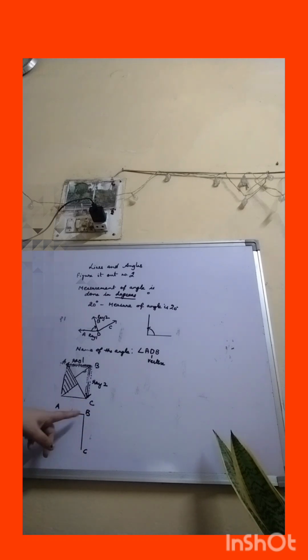How to understand the vertex? You know that the middle alphabet of the name should be the vertex. Now what is the vertex here? The joining or common point is the vertex.